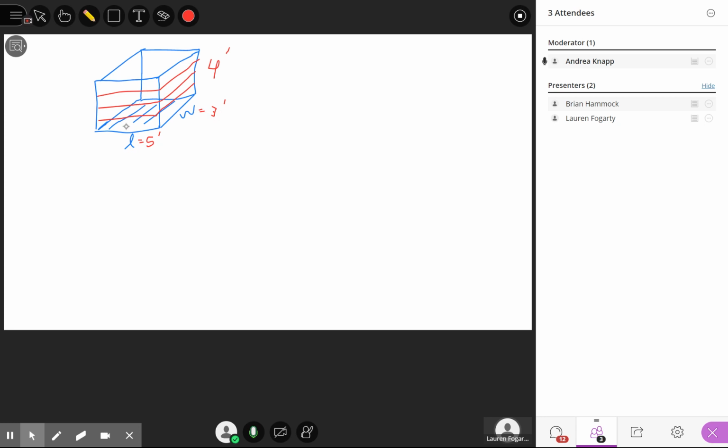So first of all, we need to find the area of this base. So we've got 5 going this direction, and then we've got 3 for the width going the other direction.